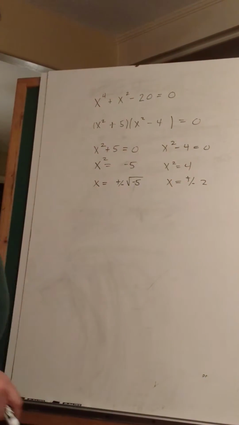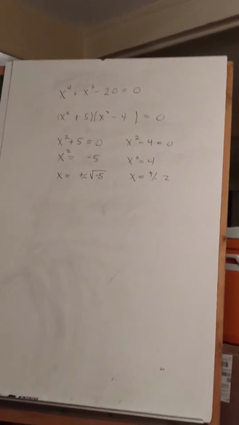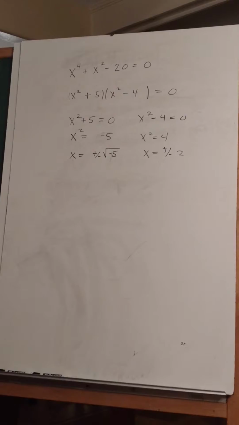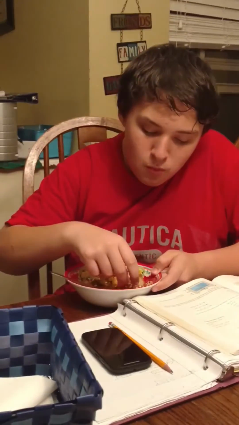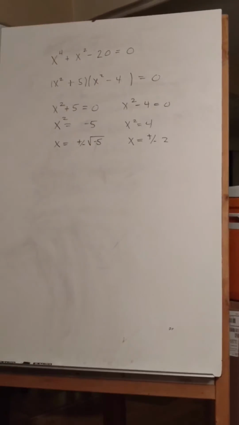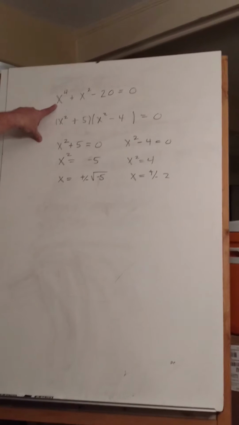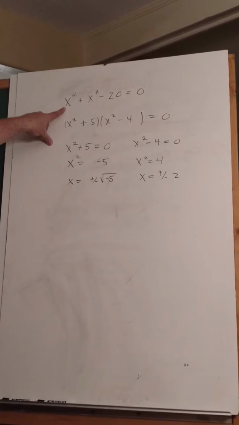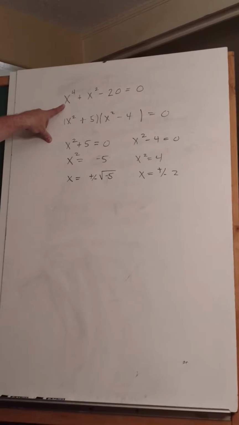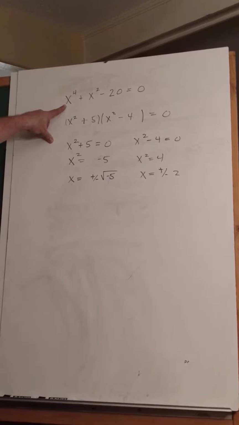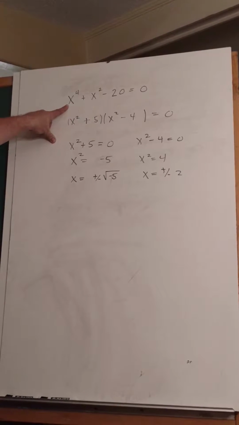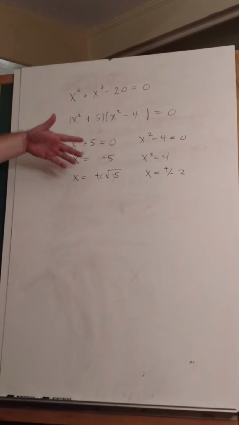All right, so those are my two possible answers. Now, let's see. Is the square root of negative 5 an imaginary number? It is. But that doesn't mean it doesn't solve the equation. Now, if you look at this, if I put this in here, you can see that it doesn't matter if I use plus or minus the square root of negative 5, because if I do plus, it doesn't change anything.